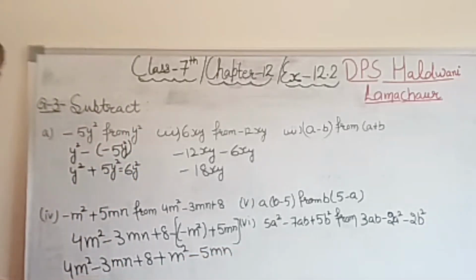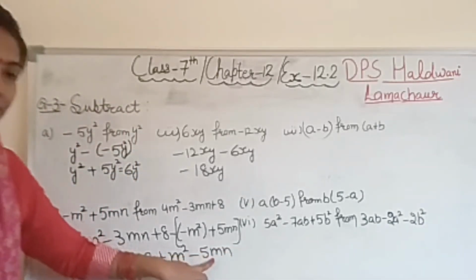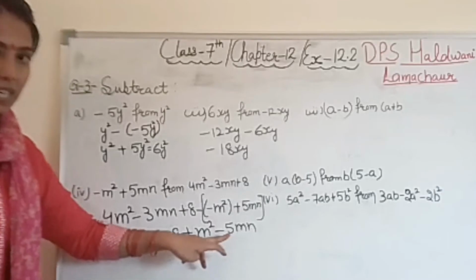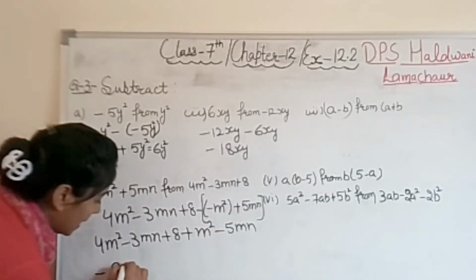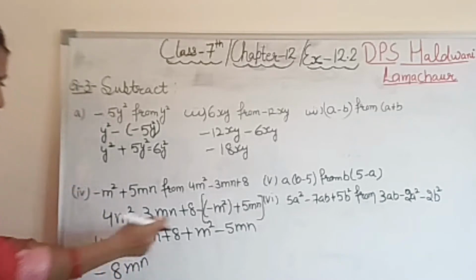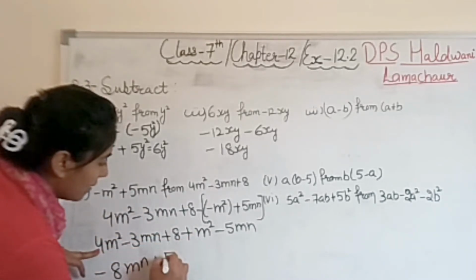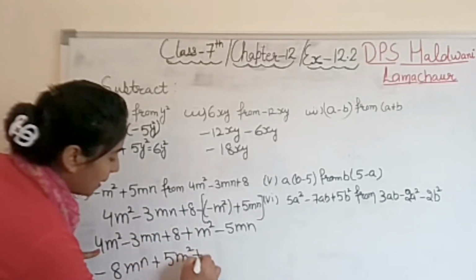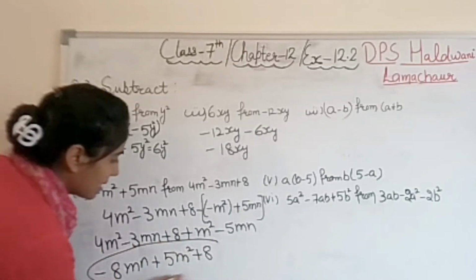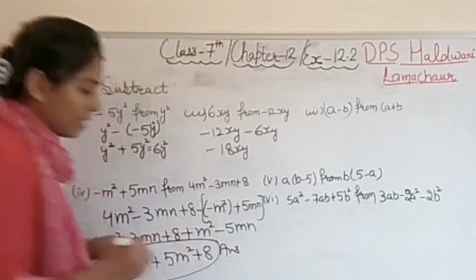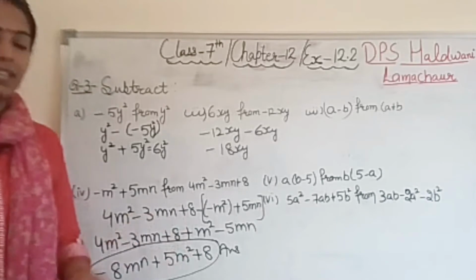Now student, here only I am doing 3mn, 5mn, minus minus plus. So it will be minus 8mn, m square plus 5m square and plus 8. That's it student. You can do one more step. You can pair up the like terms and then you can solve.